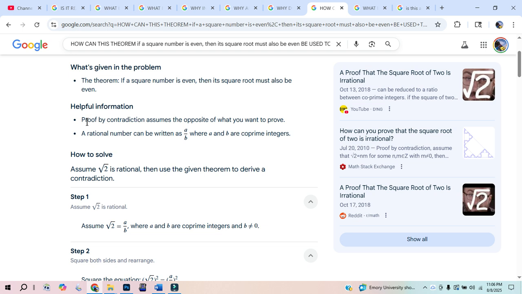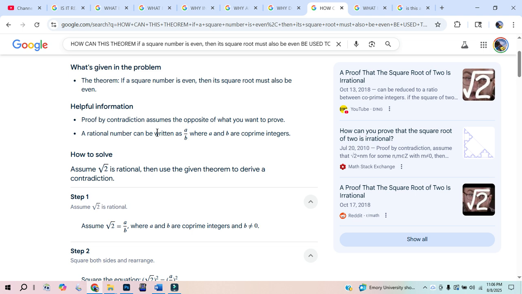So, helpful information: proof by contradiction assumes the opposite of what you want to prove. A rational number can be written as a divided by b, where a and b are coprime integers. I guess they would be coprime integers because it's the most reduced way to write a over b.